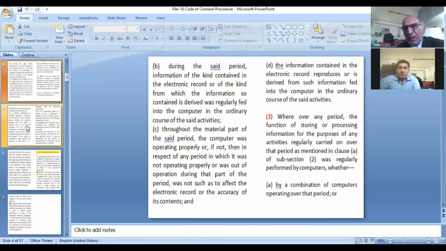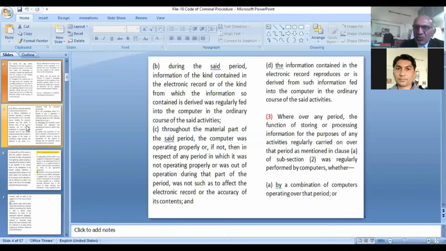Now D, the information contained in the electronic record reproduces or is derived from such information fed into the computer in the ordinary course of the said activities. So this again is a coverage for the practicalities, necessities of replacement or substitutions, of complementing or supplementing of the machines.